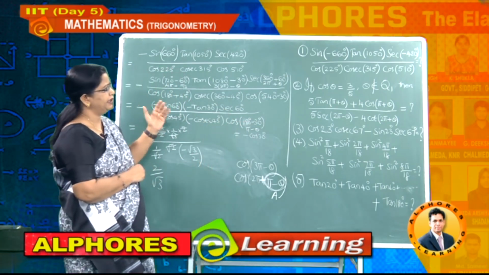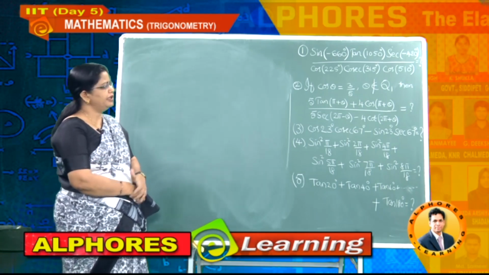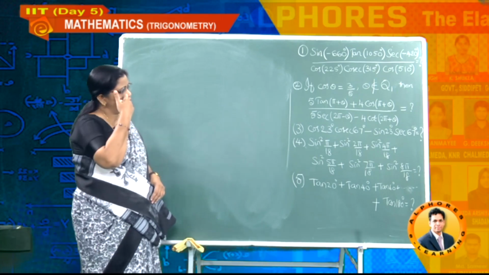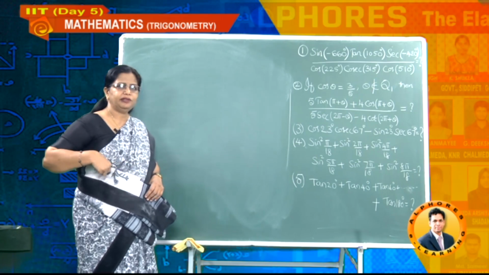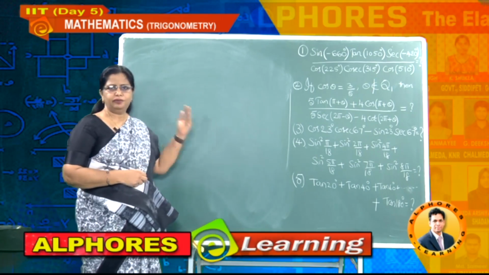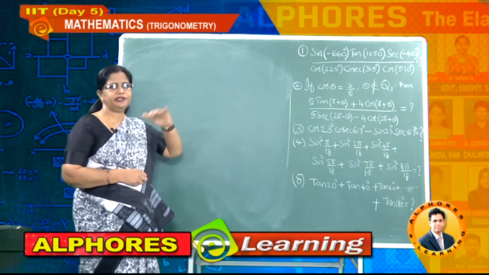Let us go to the second problem. Cos theta equal to 3 by 5 is given. What is 3 by 5? A positive value. Cos value positive implies the angle may be in first quadrant or in fourth quadrant, but clearly they mention the angle is not in first quadrant.